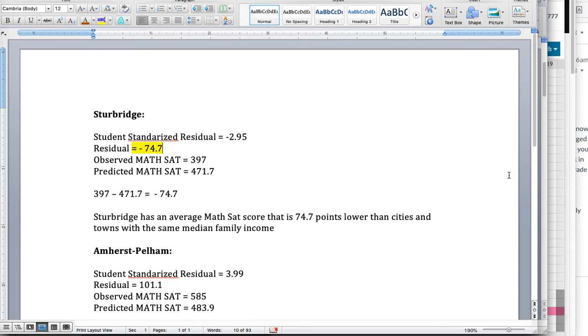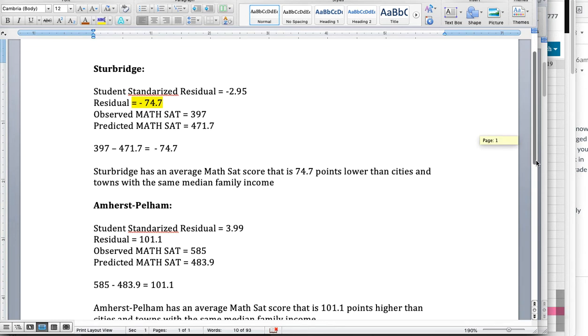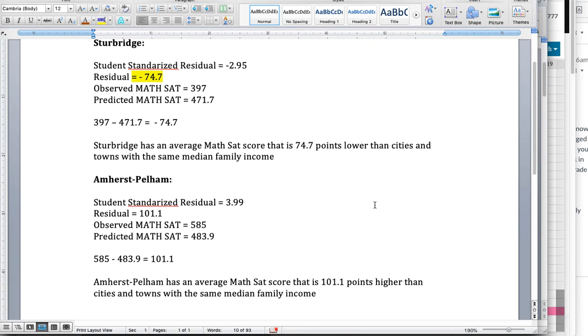On the flip side, Amherst Pelham had a very positive, almost 4 studentized residual. It was the most above the fitted line. Its residual was 101.